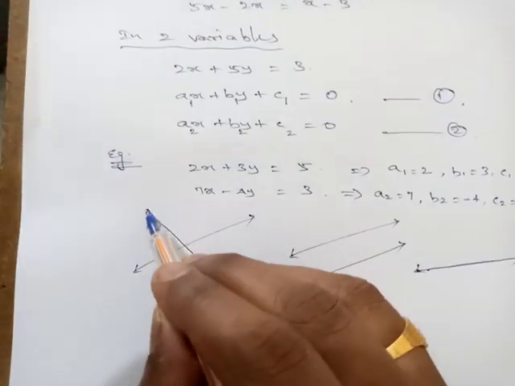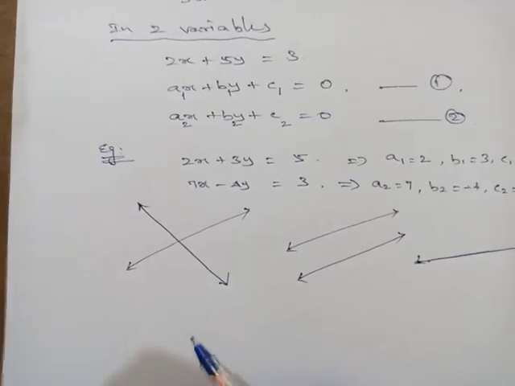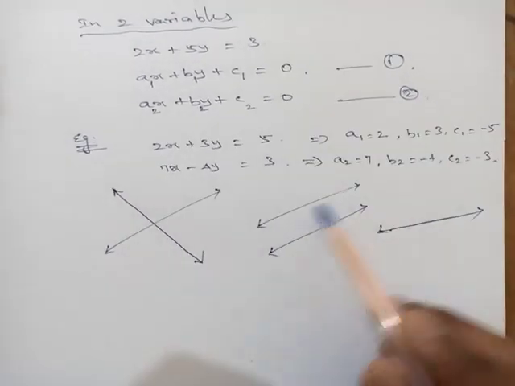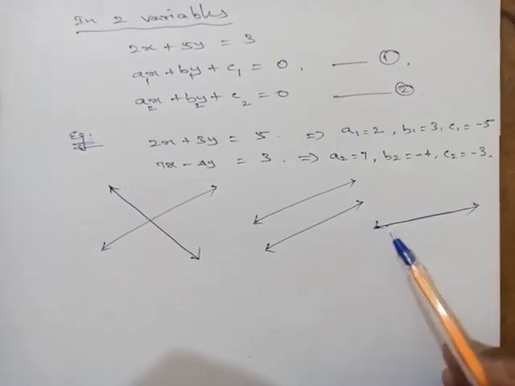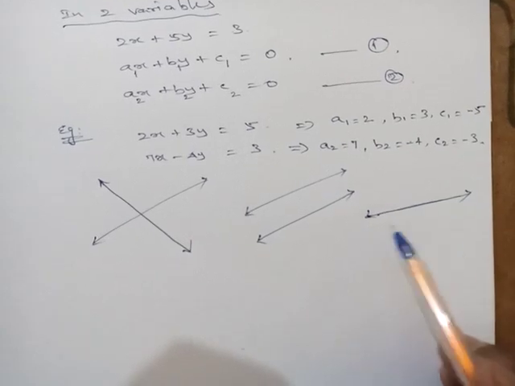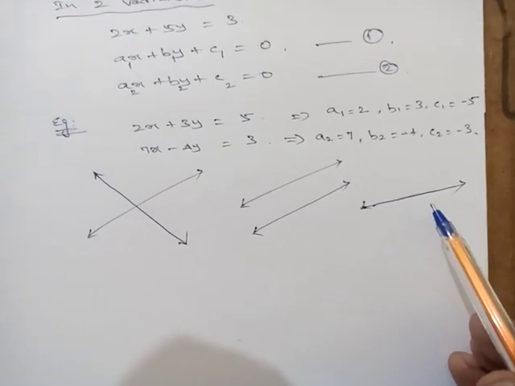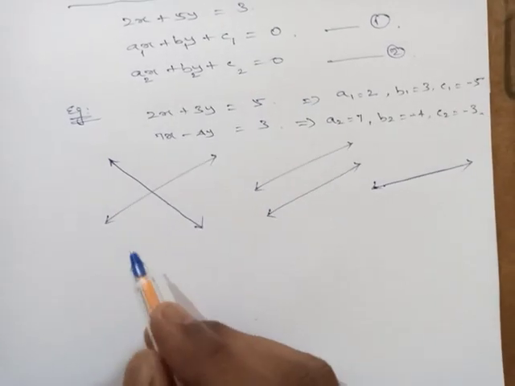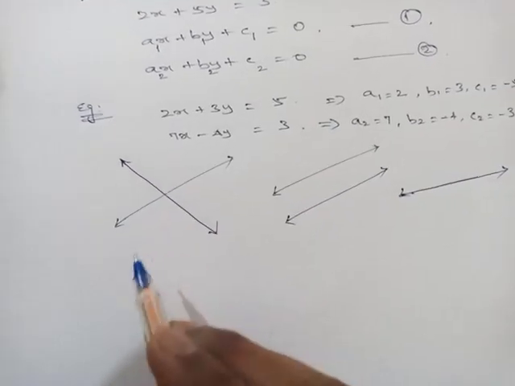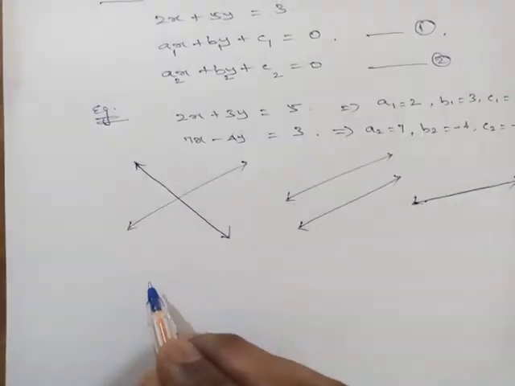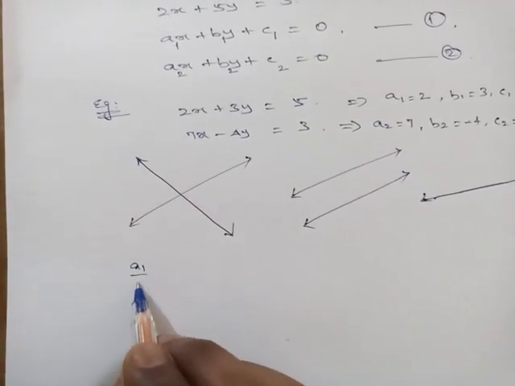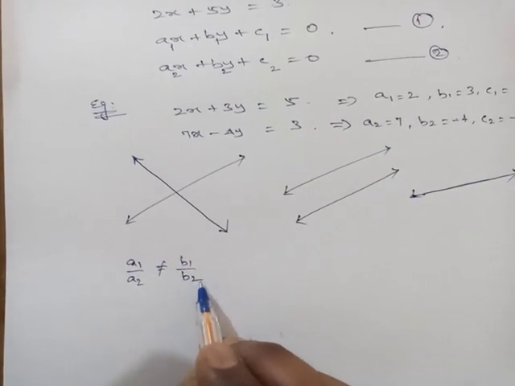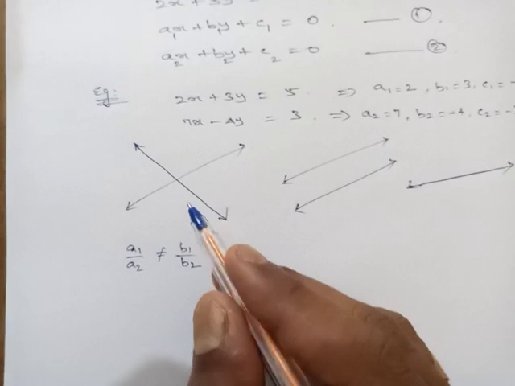There are three possibilities. First, the first line may intersect the second line, or the two lines may be parallel, or third, the two lines may be coincident. Three cases are there. When can we say these two lines are intersecting? There is a condition: a1/a2 is not equal to b1/b2, then they are intersecting.